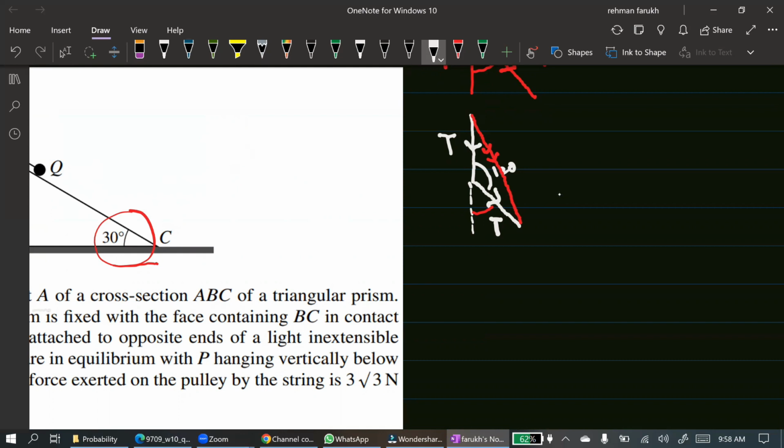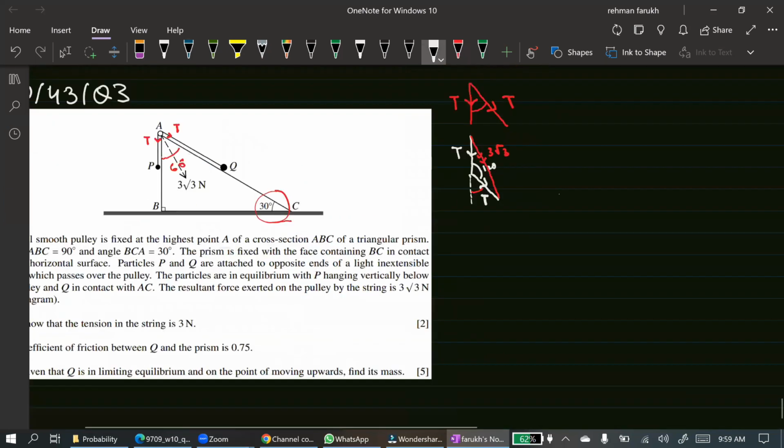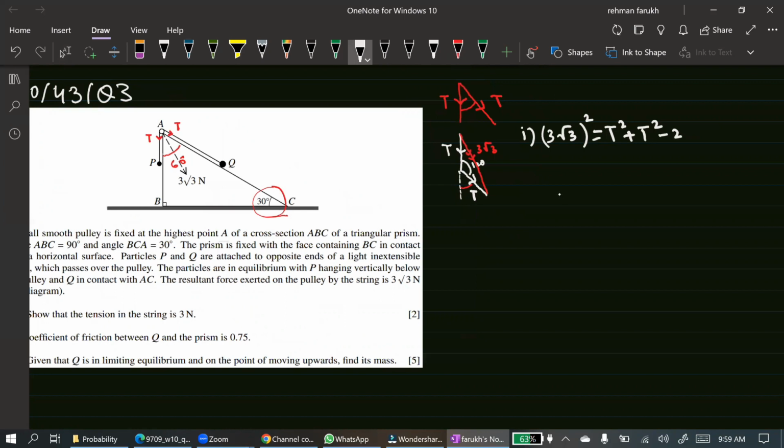Now we will apply the cosine rule to find the resultant. The resultant is 3 under root 3, given. So by applying the cosine rule, (3 under root 3) square is equal to T square plus T square minus 2 into T into T into cos 120.